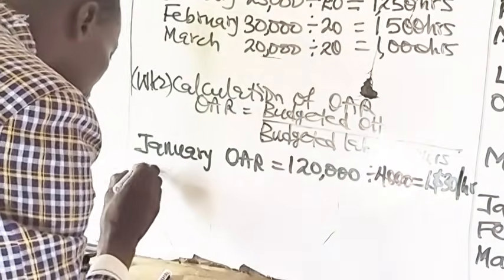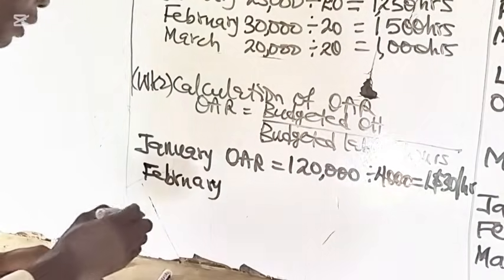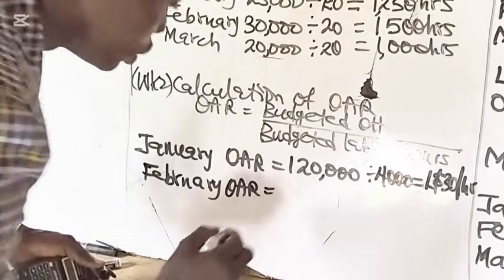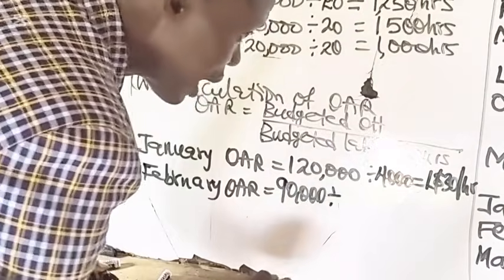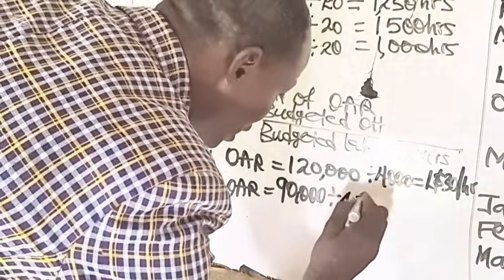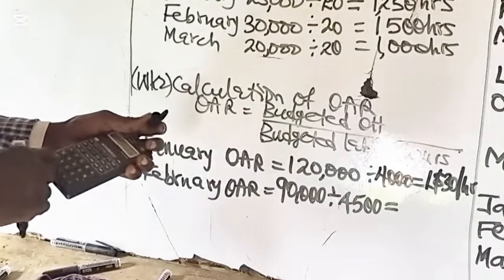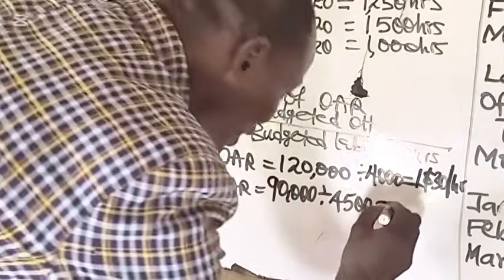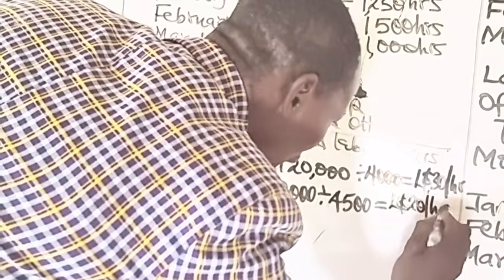In the month of February, overhead absorption rate equals the overheads of 90,000 divided by the labor hours given in February, 4,500. That will give us 90,000 divided by 4,500, that gives us 20 Liberian dollar per hour.